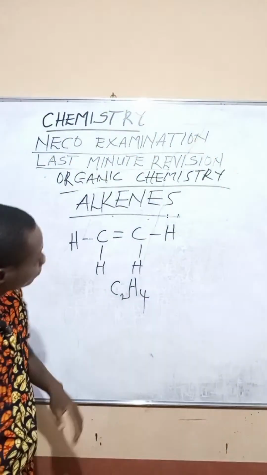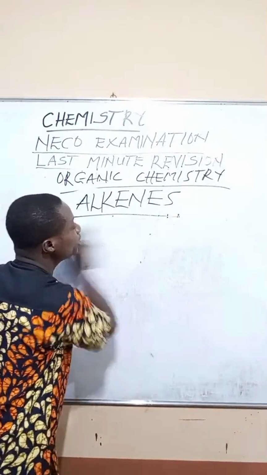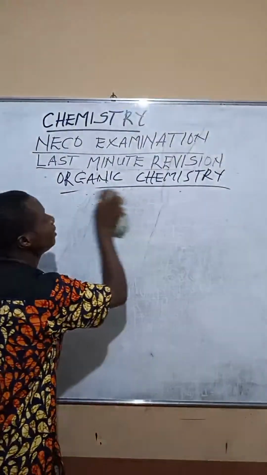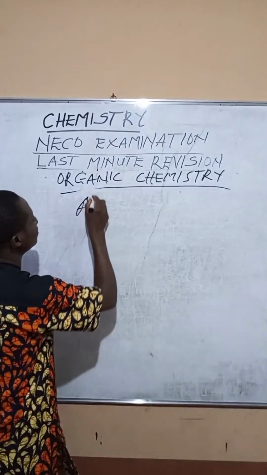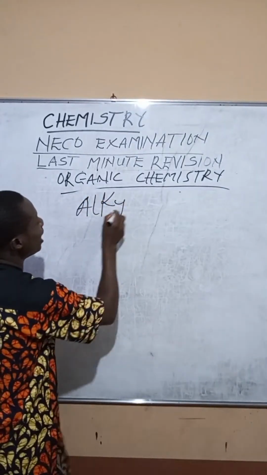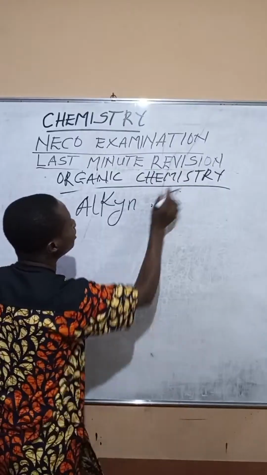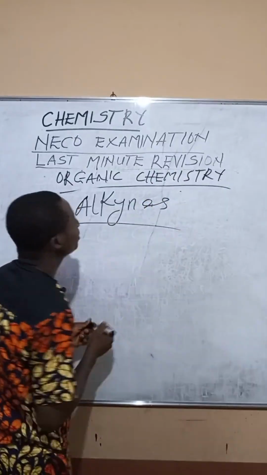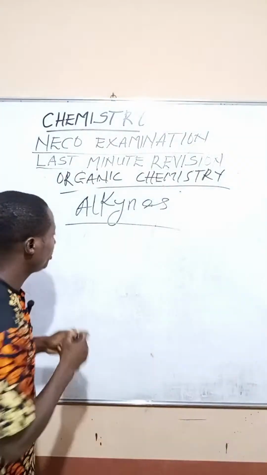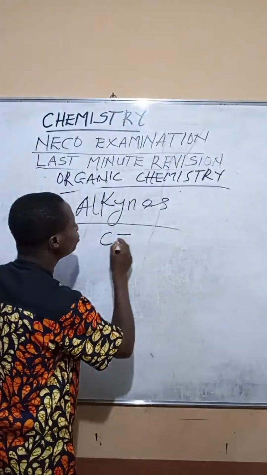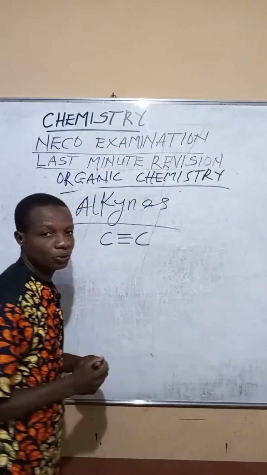Please take notes. Now we proceed to the next one, which is alkynes. What are alkynes? Alkynes have carbon to carbon triple bonds.